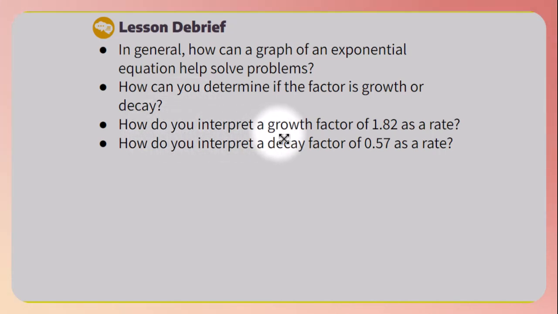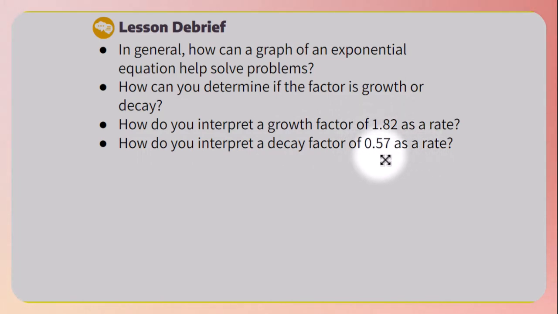How do you interpret a growth factor of 1.82 as a rate? Now the rate of increase is 1.82. Okay. Now the growth rate, how much we're going to add on each time, is 82%. How do you interpret a decay factor of 57% as a rate?